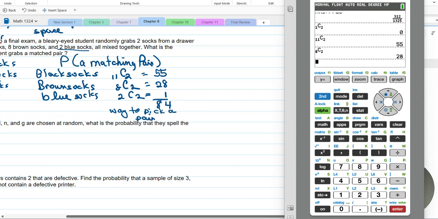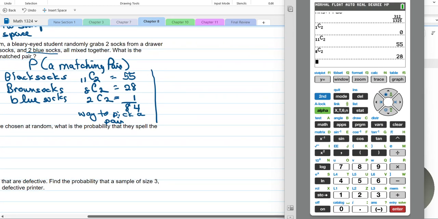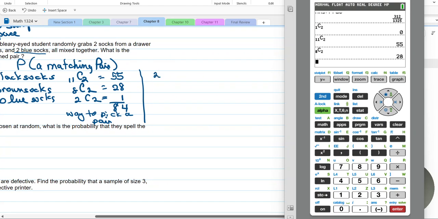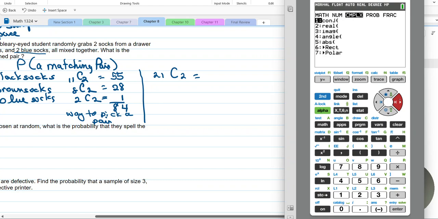Now we need the total, right? So we had 21. Total number of pairs possible. 21, math, PROB, number 3, 2.